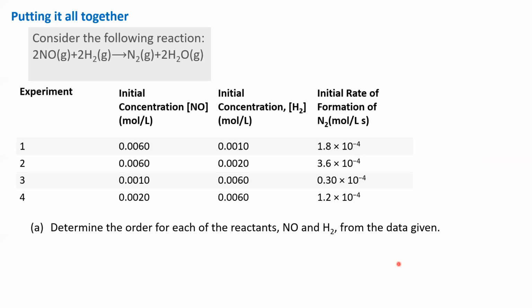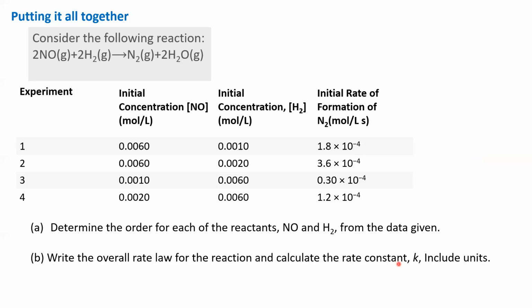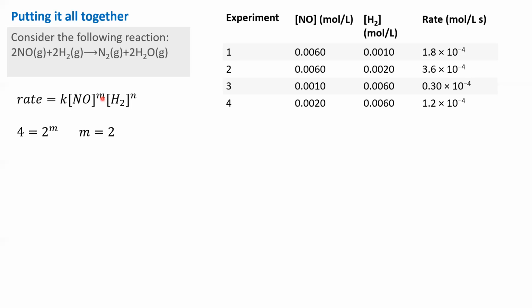Now, once you decide what the order is, you want to calculate K for the reaction, including the units. So for NO, if we double the concentration, it quadruples the rate. So nitrogen monoxide is second order.